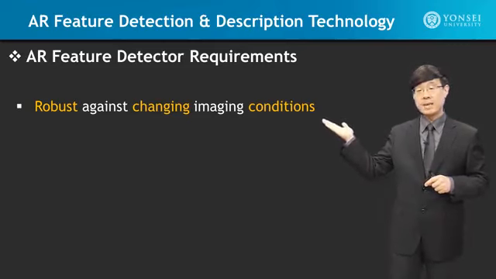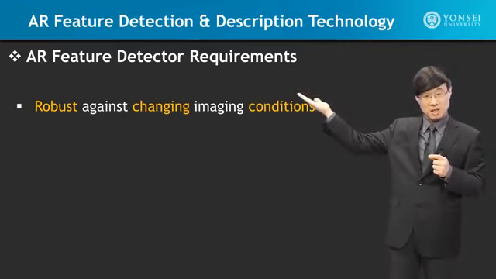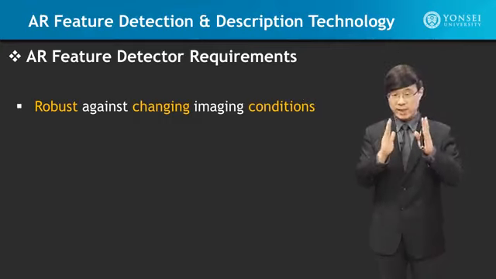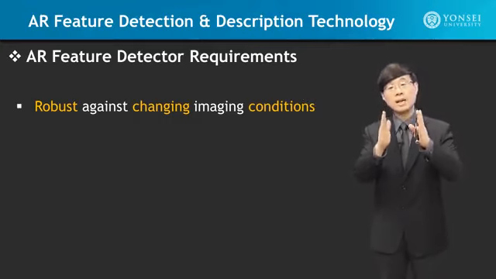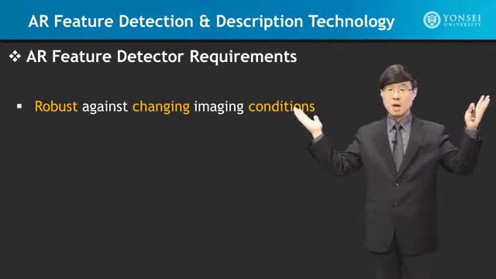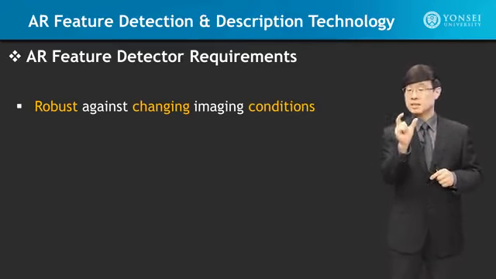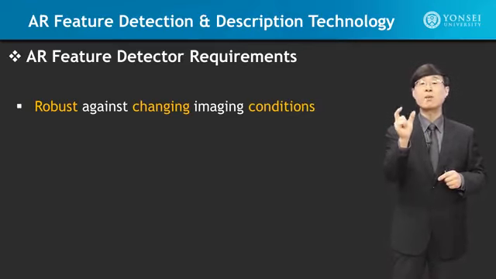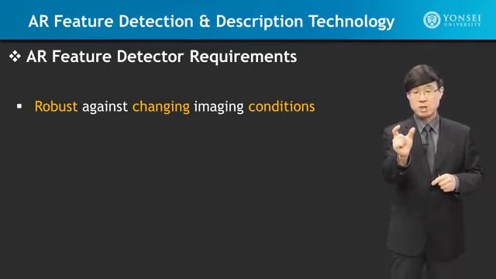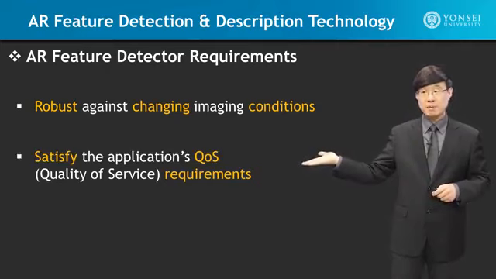So, based on these changing imaging conditions, we need the augmented reality feature detector technology to remain robust and reliable, such that even if you look at an object under a different lighting, or a different environment, or at a different angle, it will still detect the same object the same way and provide your desired information in the right way. It needs to satisfy the application's quality of service requirements.